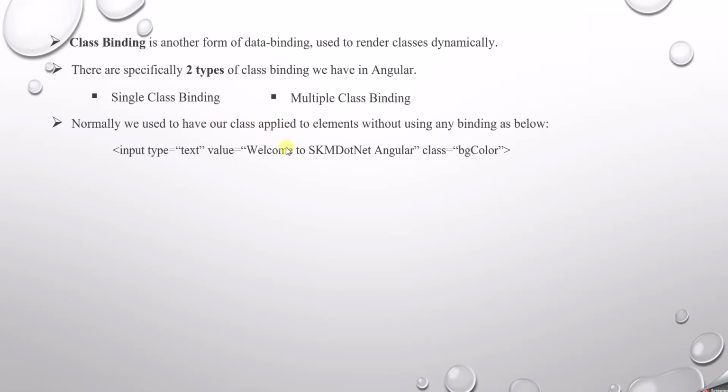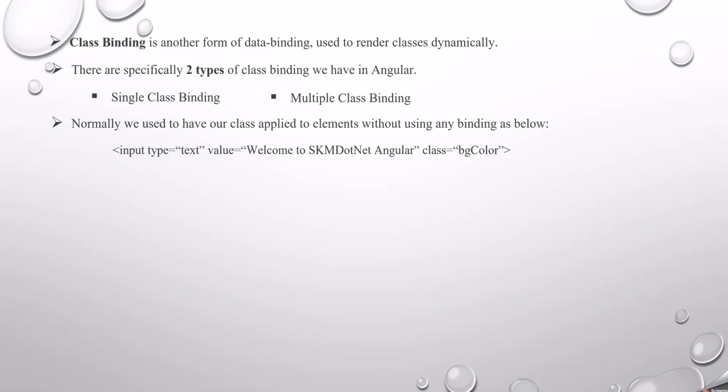It is simply normal HTML: there is a text box, there is a value, and the class is bg color. So I am applying the bg color class to this input text box, and it will come up with some color in the background.